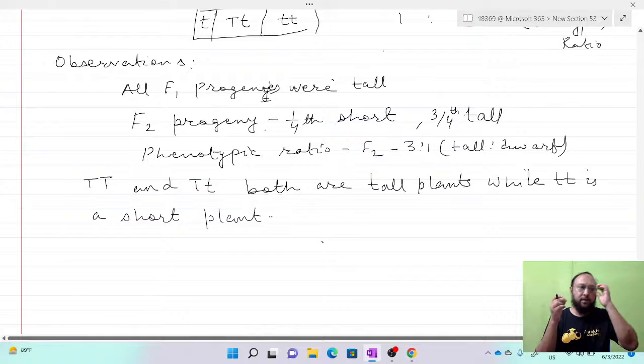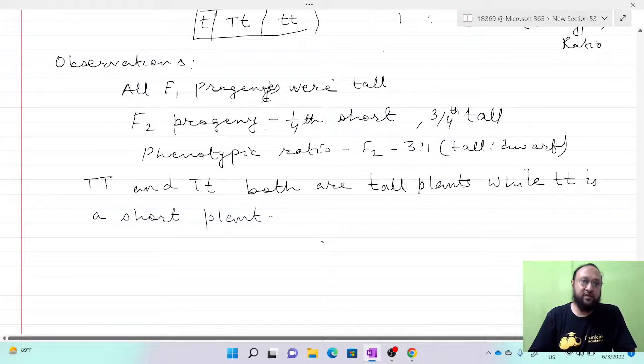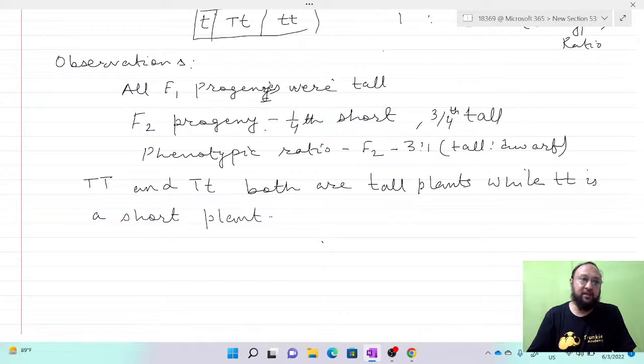This is the conclusion he got, that only the tallness is expressed; dwarfness or shortness is expressed only when both the alternative forms are recessive.